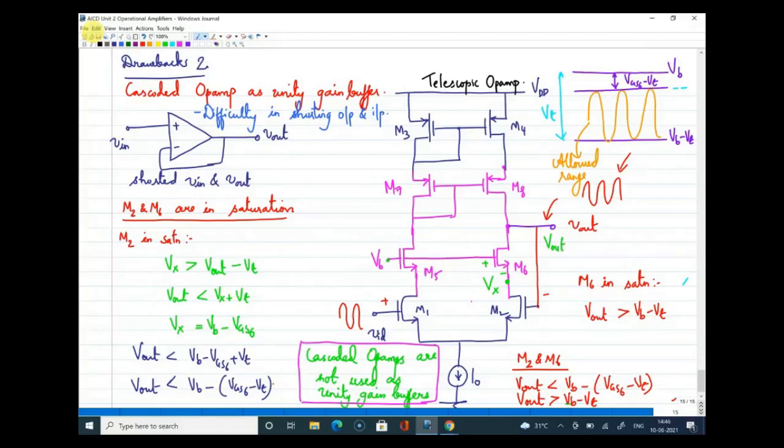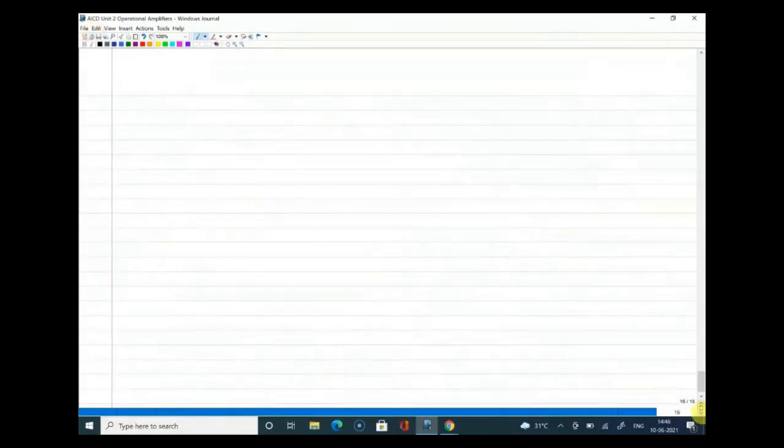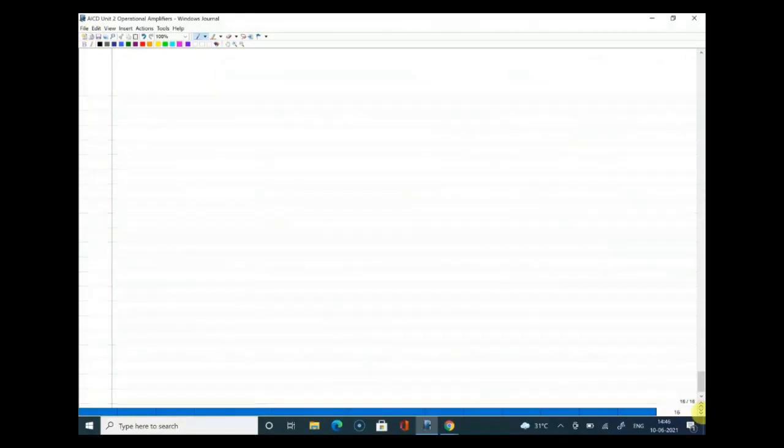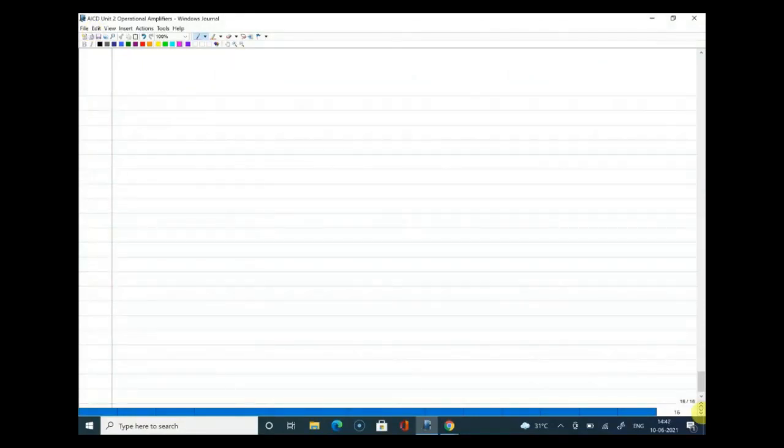All right. So with this idea of the structure of single-ended and the structure of fully differential, and with the help of understanding the drawbacks of telescopic op-amp, let us now see how we can design a fully differential telescopic op-amp.